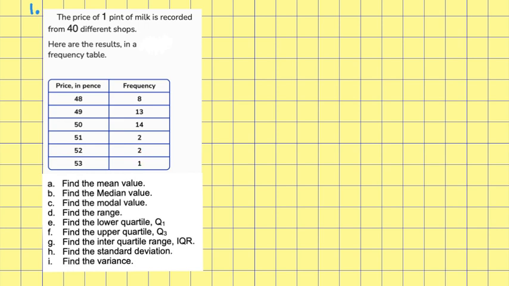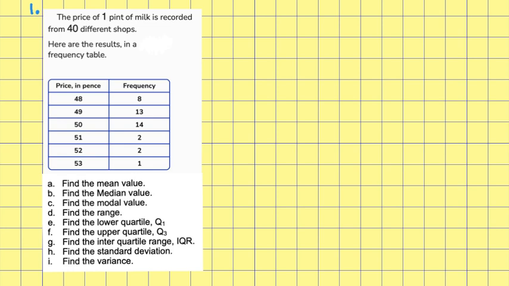So this frequency table means the price of milk was 48 pence on 8 occasions. It was 49 pence on 13 occasions, 50 pence on 14 occasions, 51 pence on 2 occasions, 52 pence on 2 occasions, and 53 on 1 occasion.